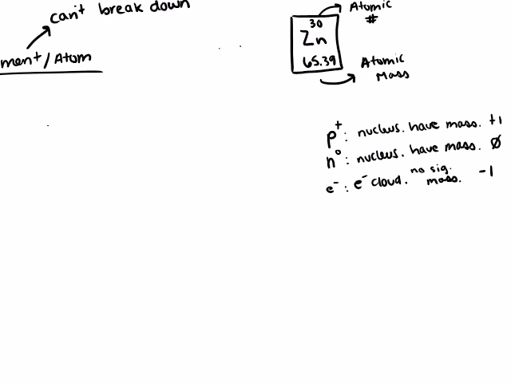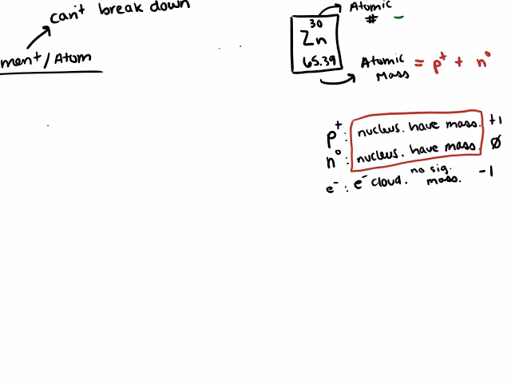Just so we're clear here, the mass of our atom is contained within the nucleus. So there's our mass. This atomic mass number is going to give us our number of protons and our number of neutrons. Now the atomic number is the most important number on the periodic table.